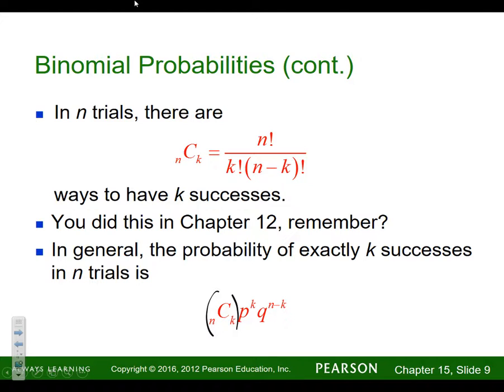Notice there's 2 other pieces here, right? I'm going to separate these out for you. I'm going to use some green this time. I want you to think of this as another component, and the last piece as another component. So there's really 3 parts here in order to calculate a binomial probability. You need the binomial coefficient, which tells you how many different ways what you're looking for can happen.